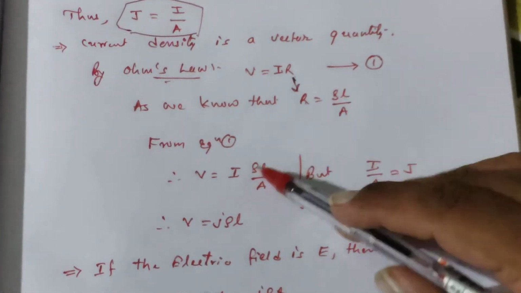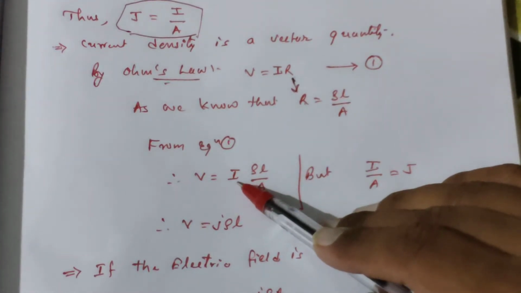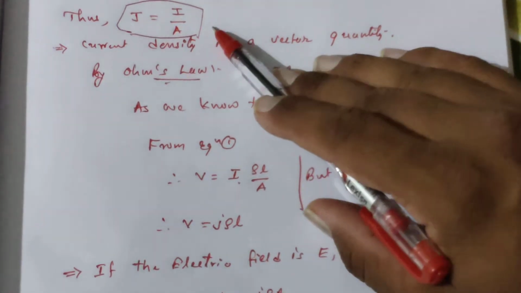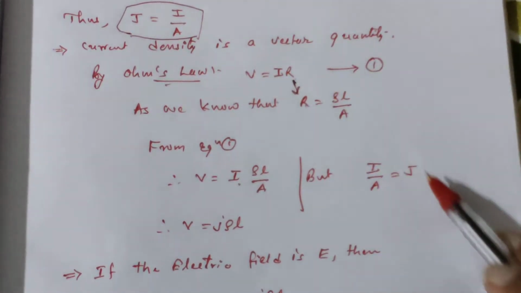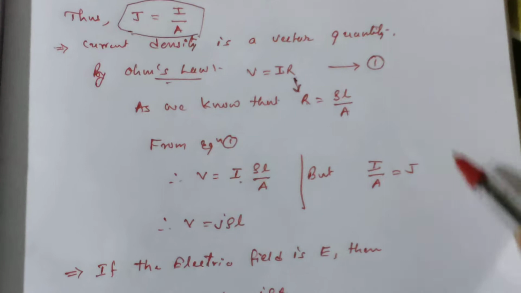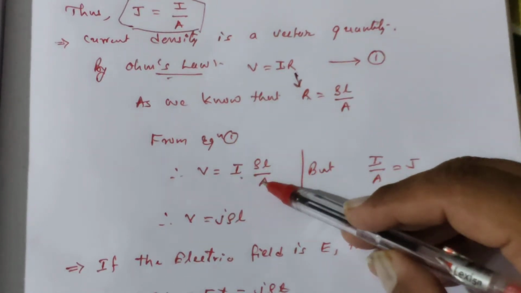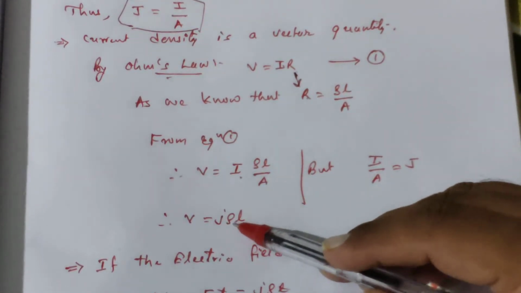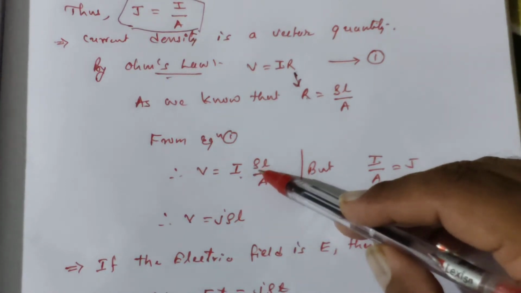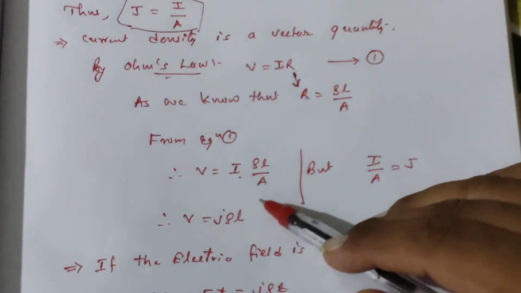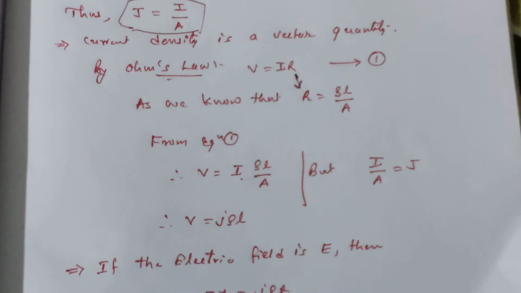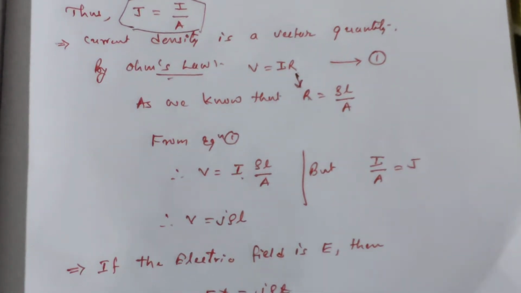But just observe, here I upon A is nothing but current density. I already mentioned it here also. So for I upon A we can put the value J, giving V equal to J rho L, where rho stands for resistivity, L stands for the length of the wire, and V stands for voltage or potential difference.